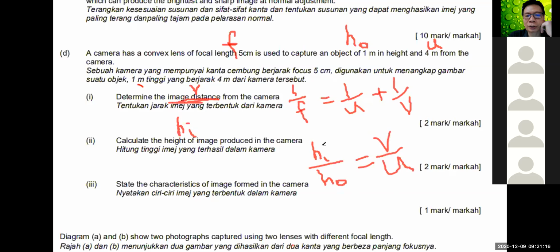The moment you get V, you put it here, put U, put the height of object, then find the height of image. And finally, state the characteristics. Okay. Try it now.